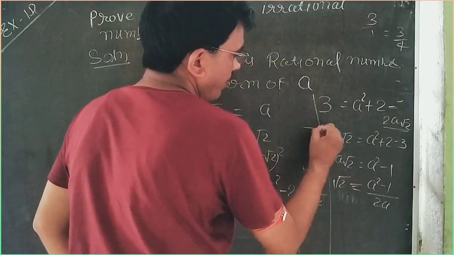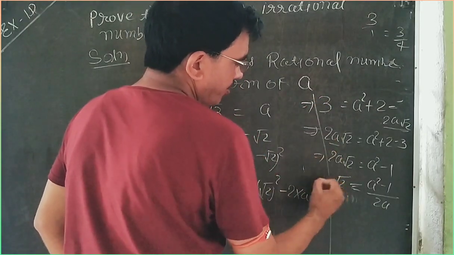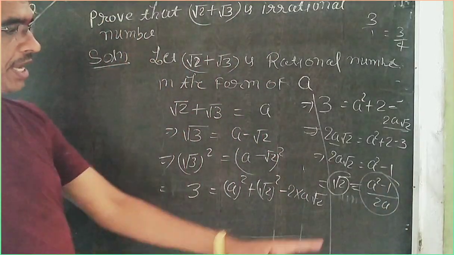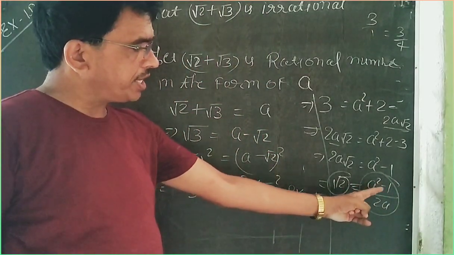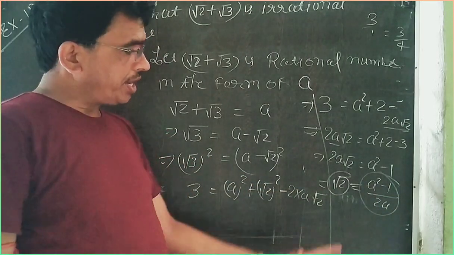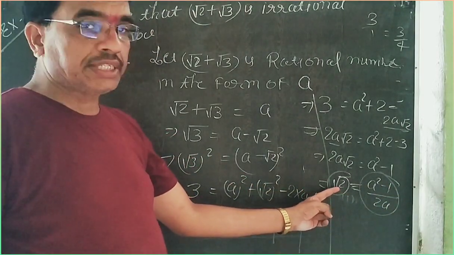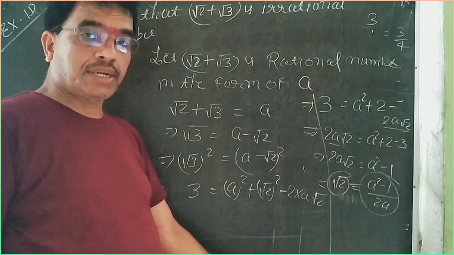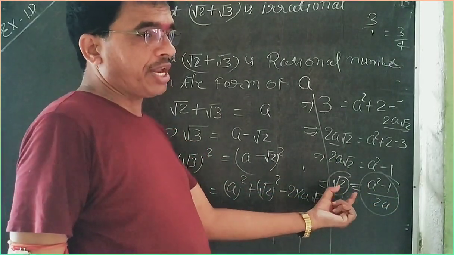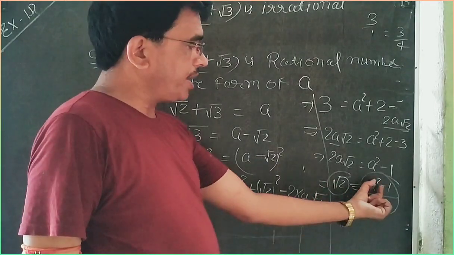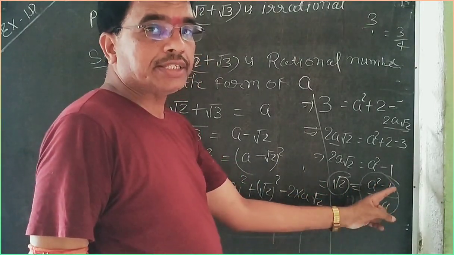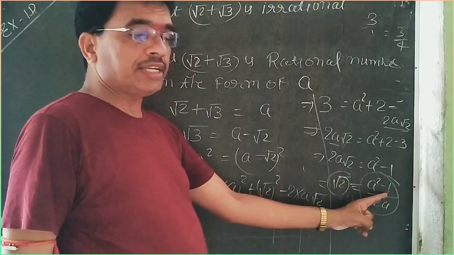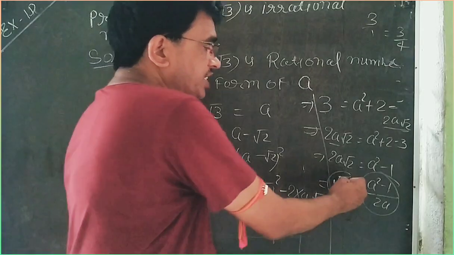Dear students, now find out here that it is clear one side is root 2 and the other side is (a square minus 1) by 2a. Here again, a contradiction. Root 2 is irrational, but (a square minus 1) by 2a is rational. So our supposition is wrong, because root 2 is an irrational number, and (a square minus 1) by 2a is a rational number, and here the sign is equal to.